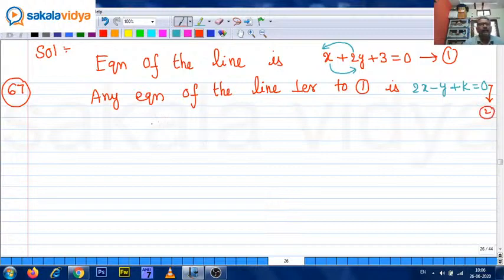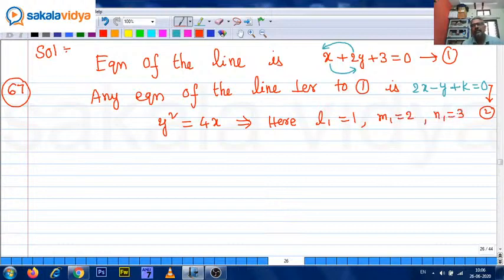The parabola equation is y square equals 4x. That means here L1 equals 1, M1 equals 2, N1 equals 3 from the first equation. From the second equation, L2 equals 2, M2 equals minus 1, N2 equals k.